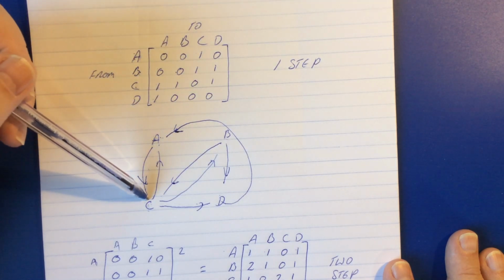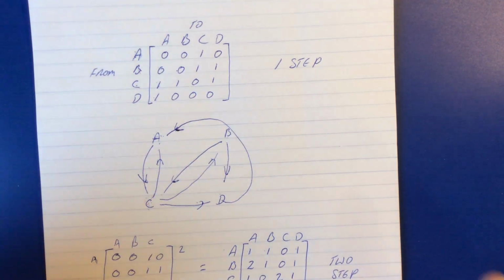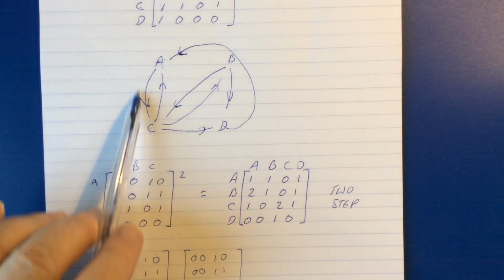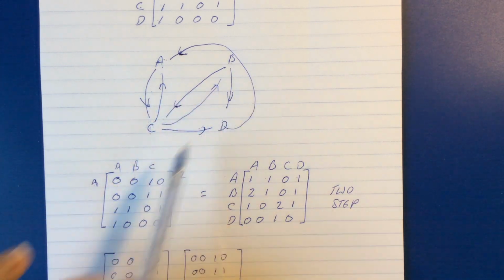Yes. There's one communication path, and so forth and so on. You can have a look at my video about communication matrices, the basics of them, to see how that's done. Anyway, this is a two-step matrix, which tells you all about the two-step paths of communication within this network.